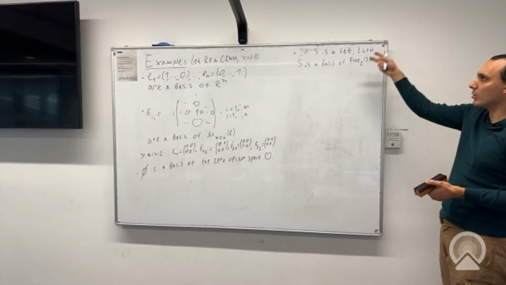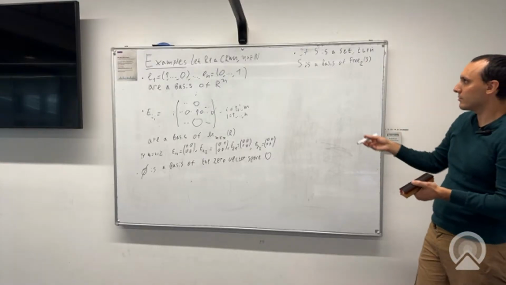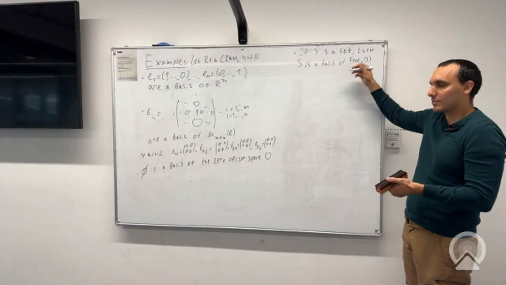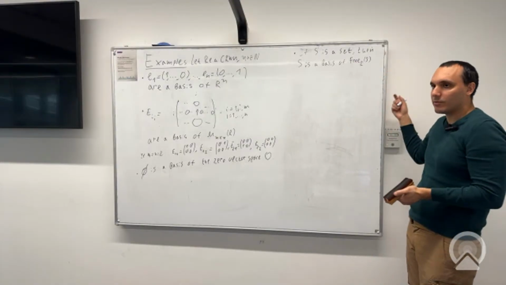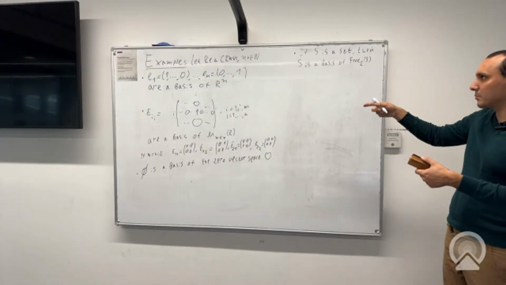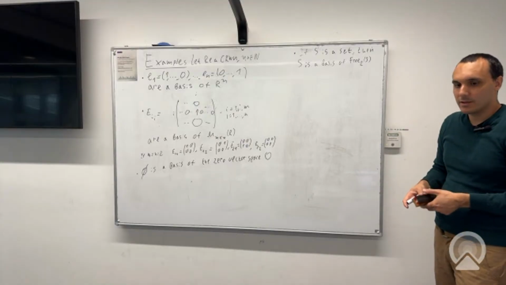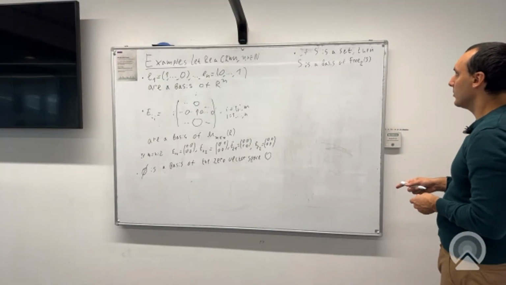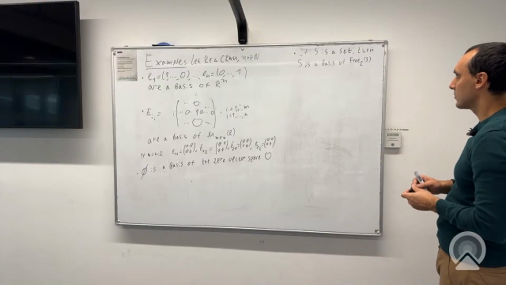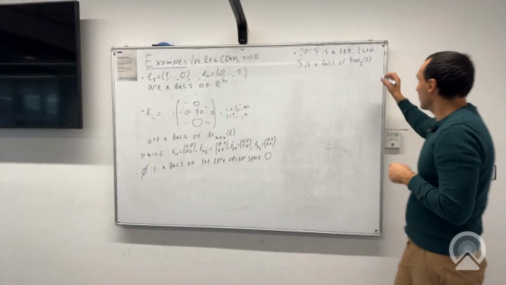So if you have apple, orange, and banana, we have a basis from apple, orange, banana, the formal linear combinations of these elements.